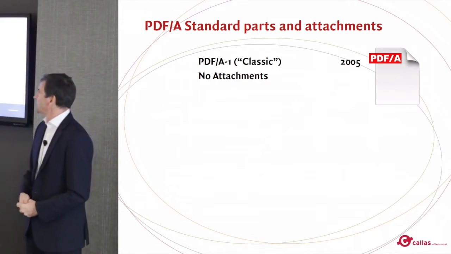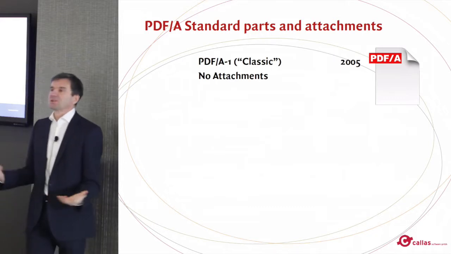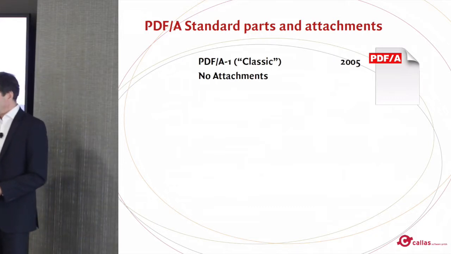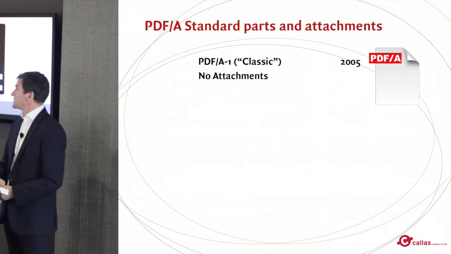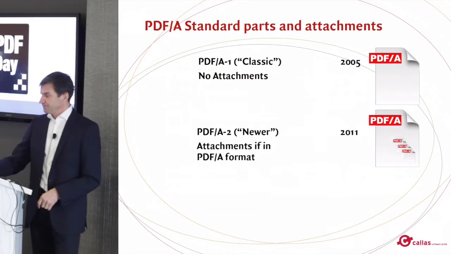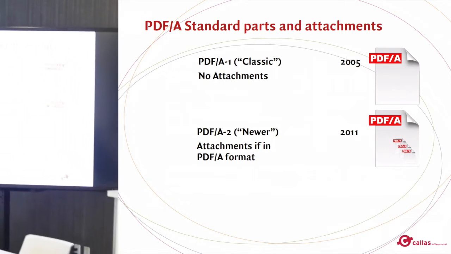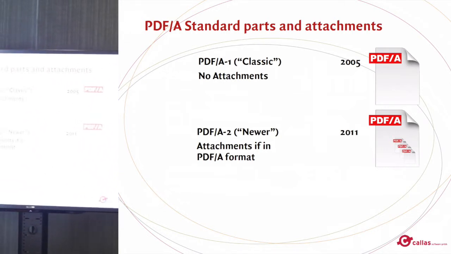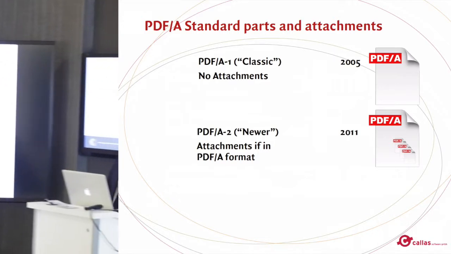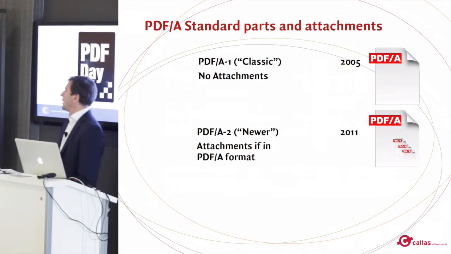It came out in 2005, and it's based on PDF. It's an ISO standard, so it's an international standard. And then PDF A-2 came out just six years later. The main new thing there is a couple of new features.